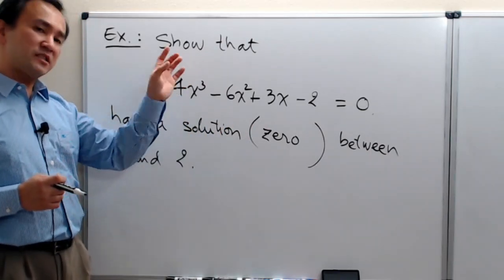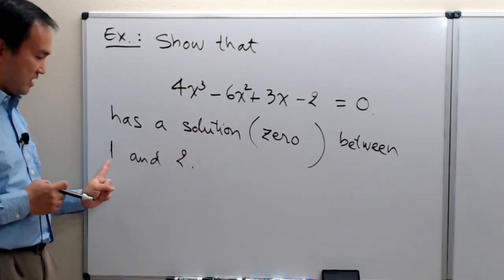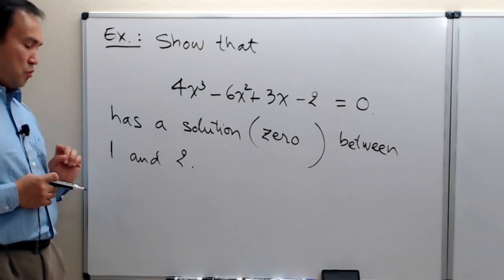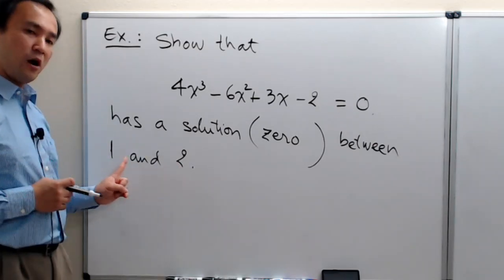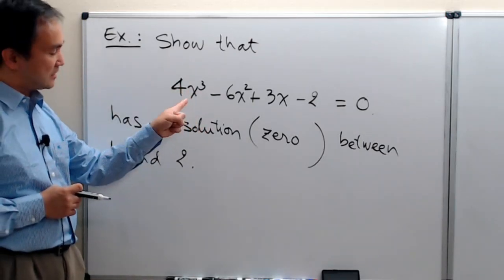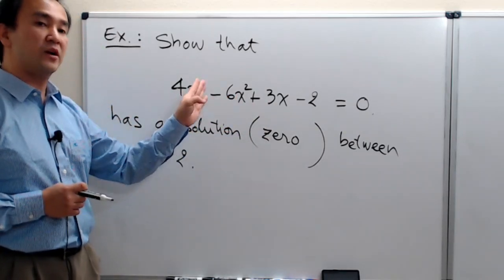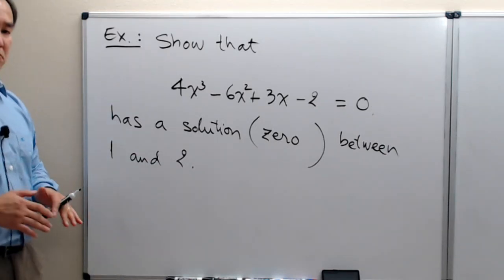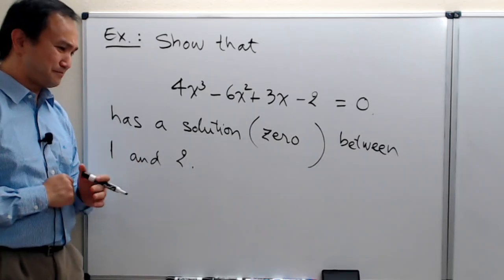Showing means we want to guarantee that this equation has a solution, but that solution is inside this interval. What I need anyone viewing this video to understand is that this is an interval on the x-axis, because the value we're solving for is the value for x, so it should be on the x-axis. All right, after so much beating around the bush, let's get to it.